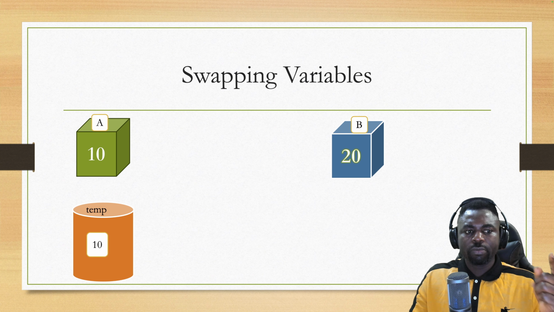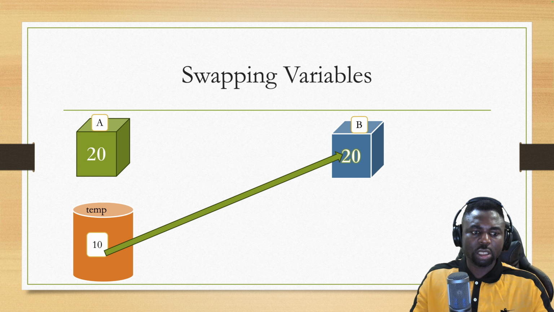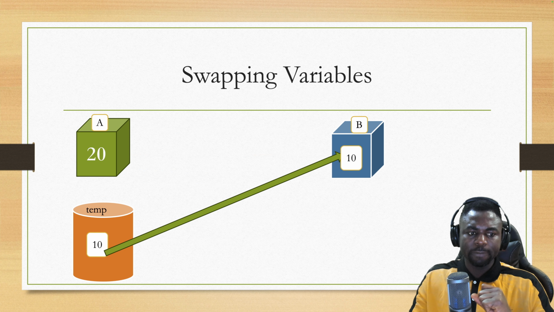And the next step would be to copy the value of b into a, like that. And now b and a have the same value. In order to change the value of b, we just take the value that we have stored in the temporary variable and copy into b.